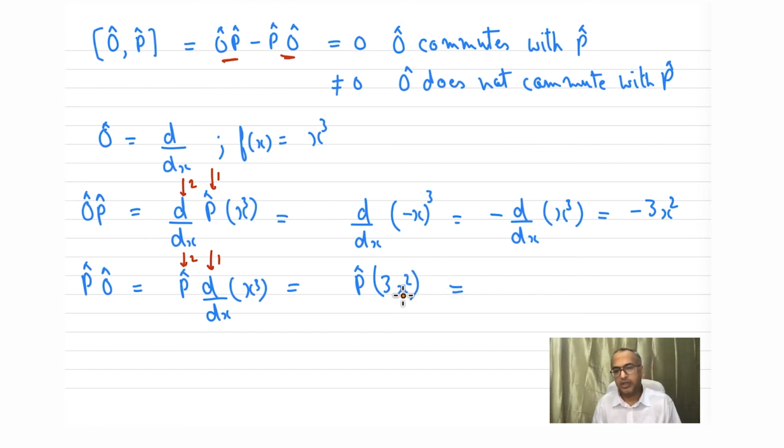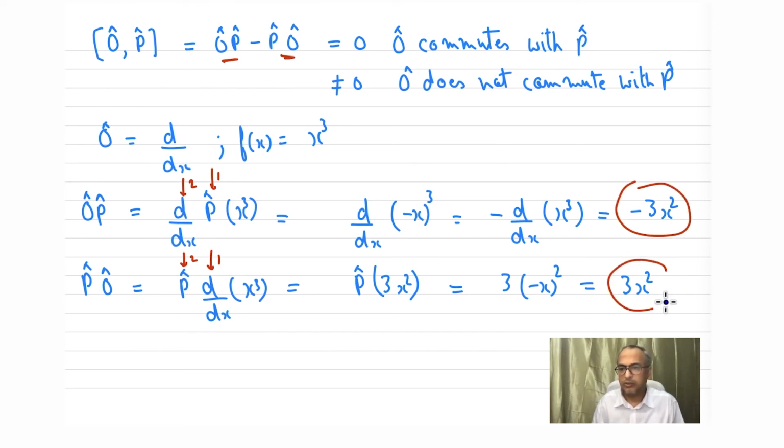Now if you replace x with minus x to apply parity, we will get minus x square, which is equal to 3x square. So notice that these two terms are not the same, right? So that means OP minus PO is not equal to 0, right?